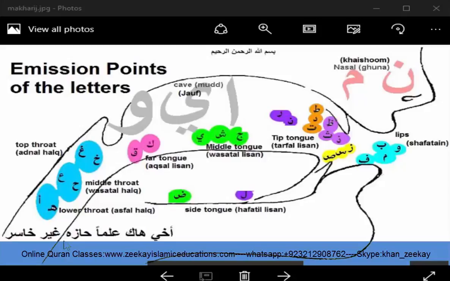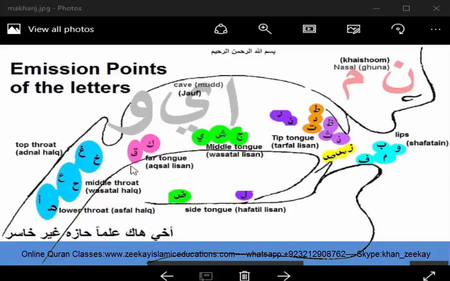The next origin is the back of the tongue. That was the throat; now we are coming a bit nearer to the mouth. This point is known as the back of the tongue.